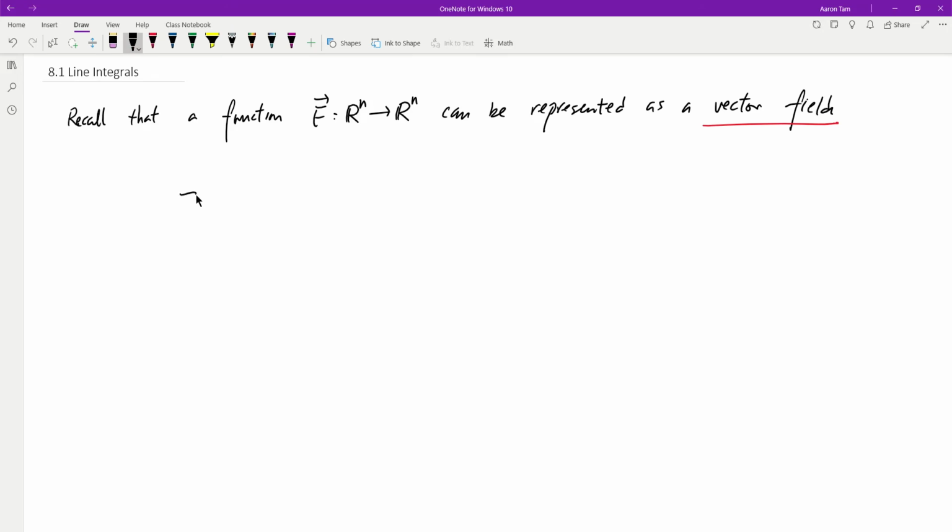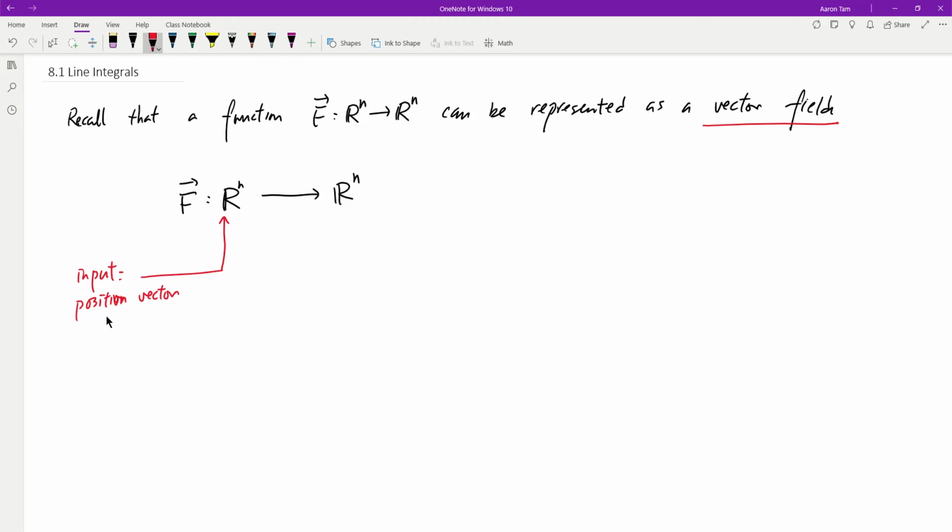Well, this is how it works. We'll take a function vector F, which has an input in Rn and maps into Rn. We'll define the input to be position vectors, so it represents a position in space.